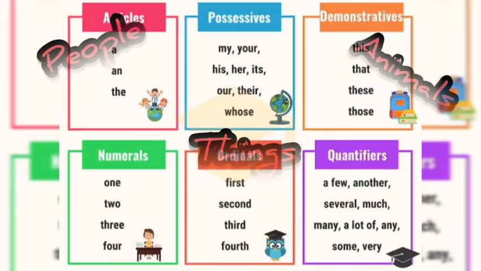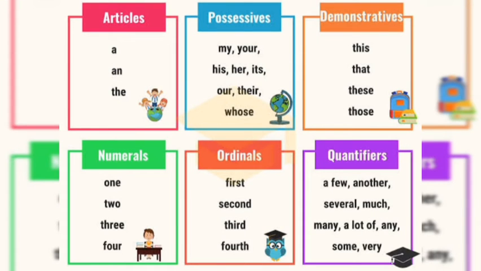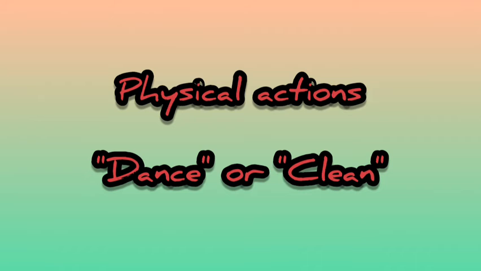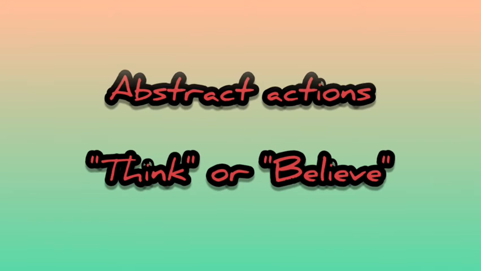The next one is determiners that determine something about a noun. They are divided in articles, possessives, demonstratives, numerals, ordinals, and quantifiers. Next one is verbs that represent actions. They could be physical actions like dance or clean, and also abstract actions like think or believe.